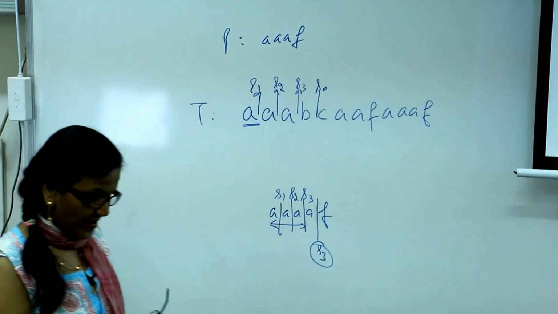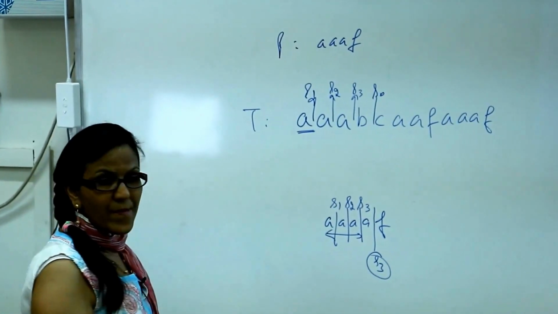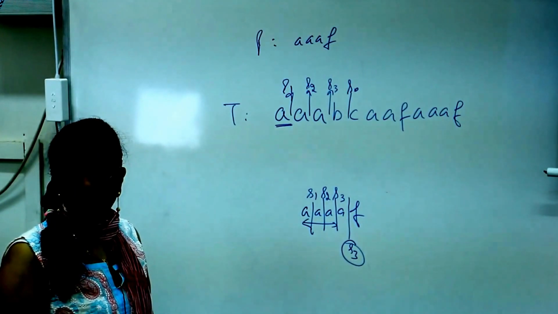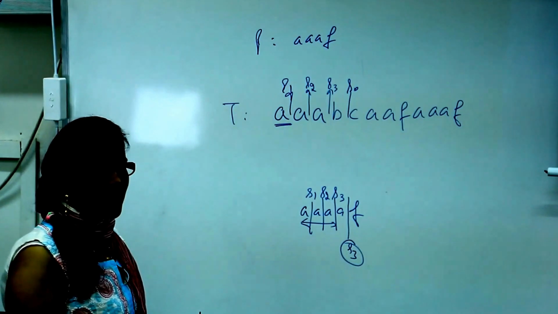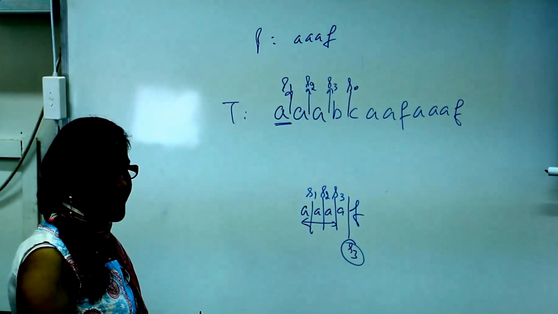Yeah, that's what I meant at that time. I think we have not specified it is exactly 3 A's and F, and the below is more than 3 A's. We'll have to be careful. It will accept those strings as well.